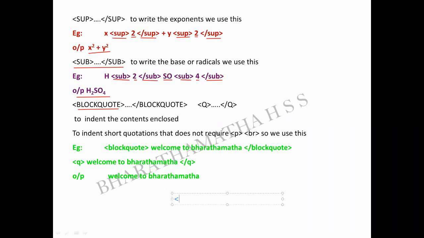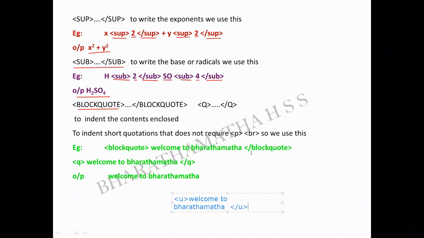Open angular bracket, U I will write. I'll close the angular bracket. I'll write welcome to Bharat Mada, and then I will close my U tag. This is how I'll be writing it. I'll show you the outputs on the screen.